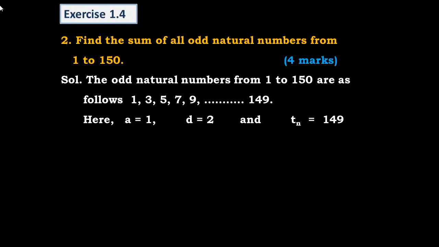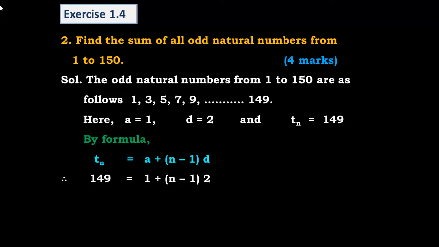Now see, students, we have to calculate Sn, the sum of all odd natural numbers, but for this we require n. So let us first calculate n by using the formula Tn is equal to a plus n minus 1 into d. Now Tn is equal to 149, a is equal to 1, plus n minus 1 into d, which is 2.